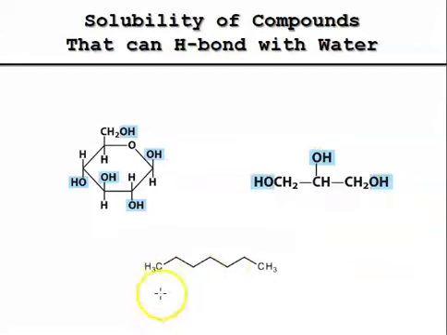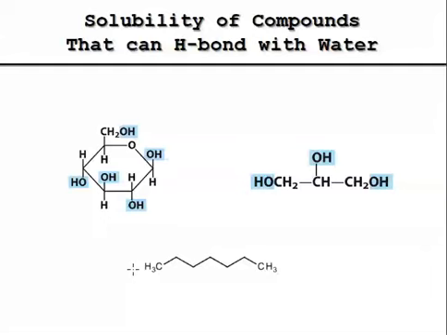That brings us then to our heptane, right? So we have 1, 2, 3, 4, 5, 6, 7, and there is an absence of polar groups here. This is a hydrocarbon, and it's very, very poorly soluble in water. And one of the reasons why it's poorly soluble in water is that it does not have the ability to form hydrogen bonds.